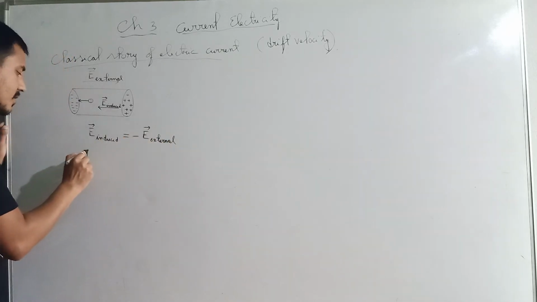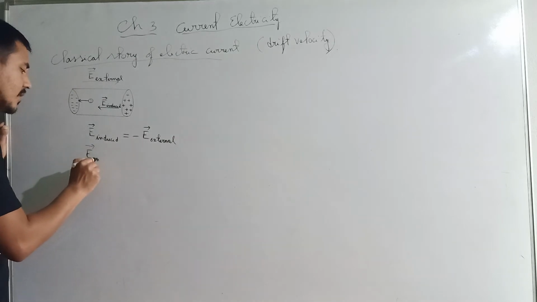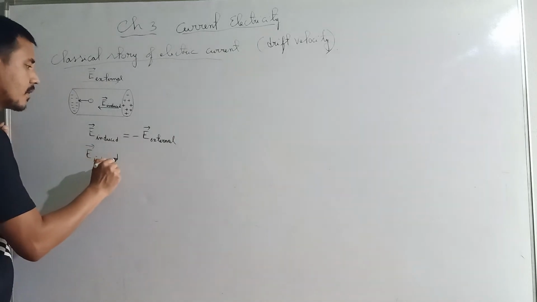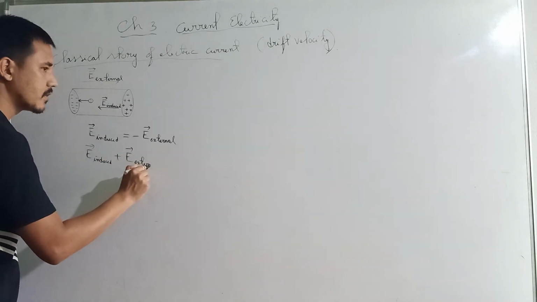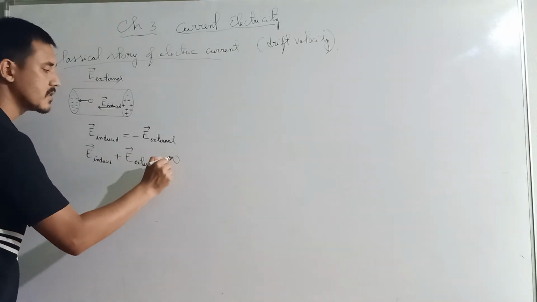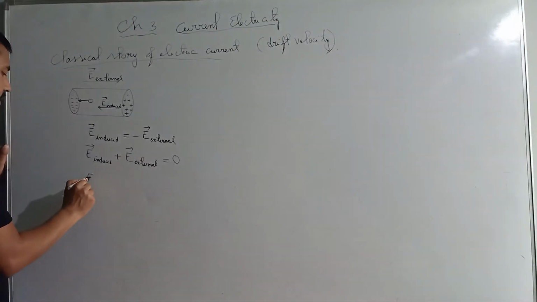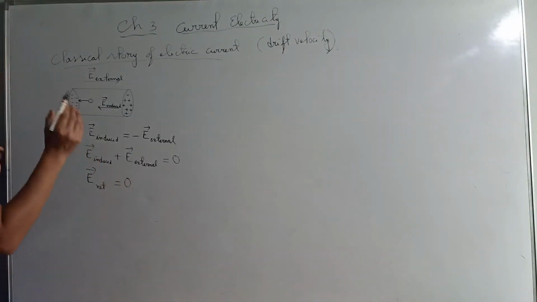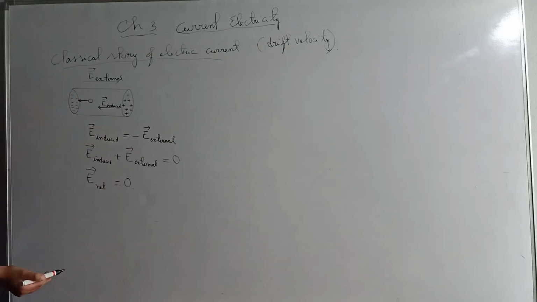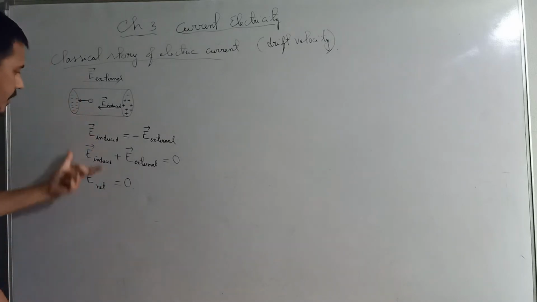In that case, the induced electric field plus the external electric field will be equal to 0. That means the net electric field inside the conductor is again 0. Alright? Okay. You can note this down.